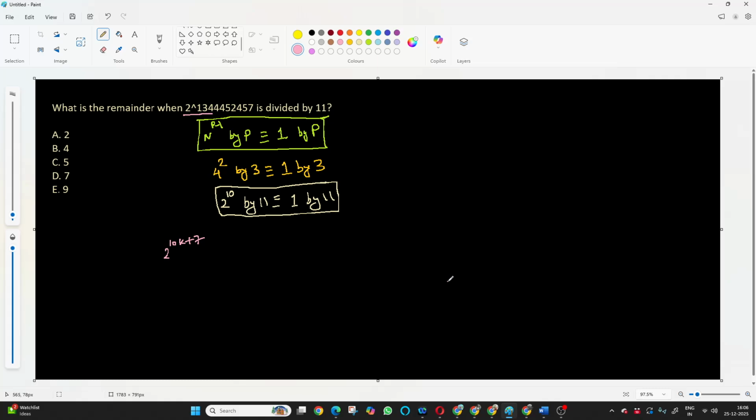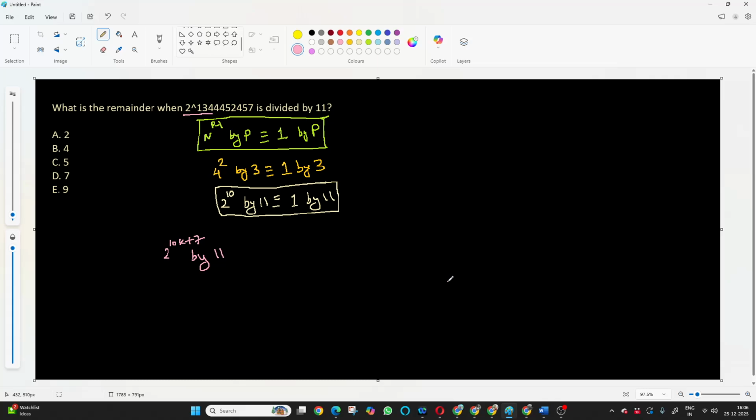If you remove that, you're going to get a 0 after 5 here. So I can express that entire expression as 10k, and then plus 7 for that units digit of 7. So this entire expression can be written as 2 to the power 10k plus 7. It's the same as asking what is the remainder when we divide this by 11. Now obviously this k is a positive integer.